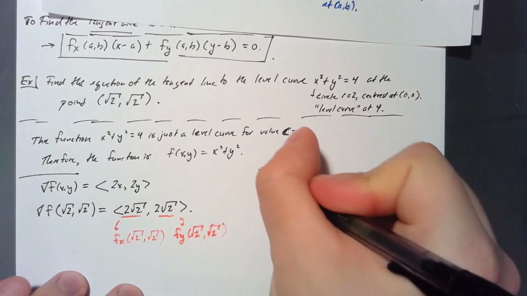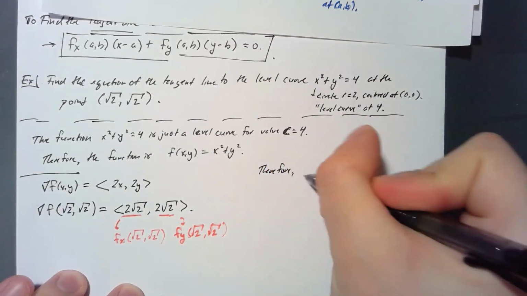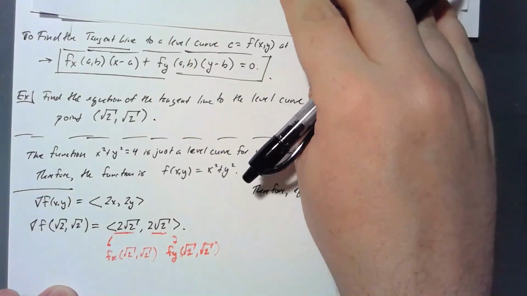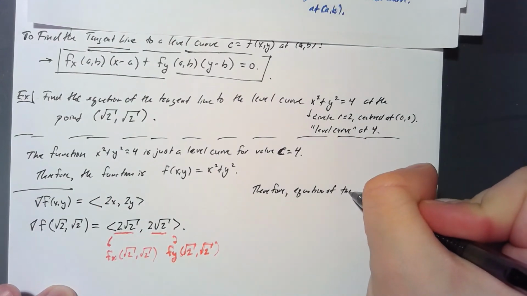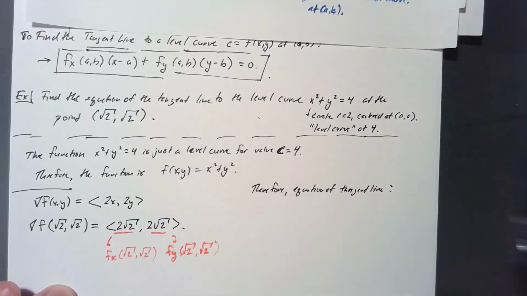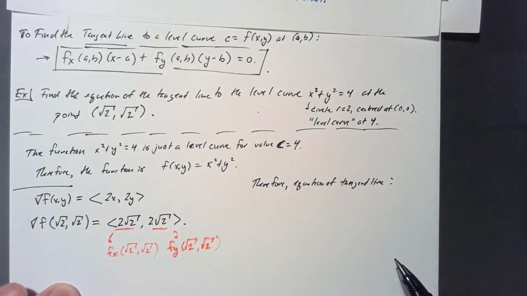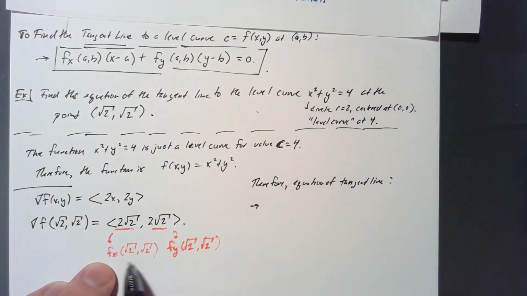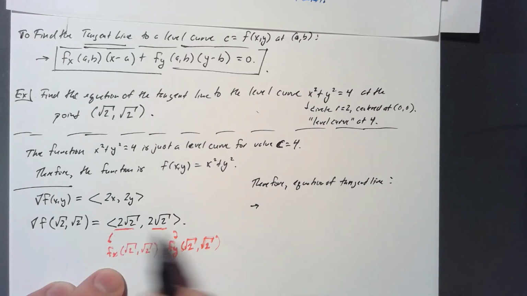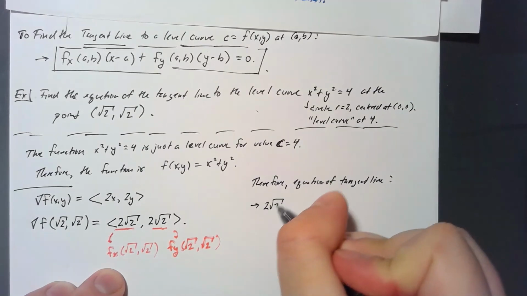So my equation of the tangent line to this level curve is going to be this value, right? Times what?